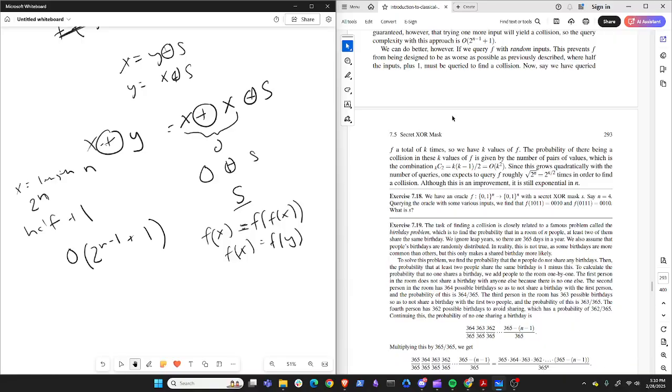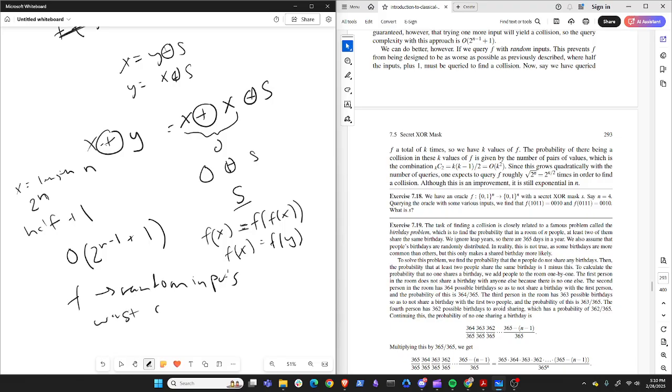then we do that. So we can query f with random inputs, and now that means that we're in the worst case.